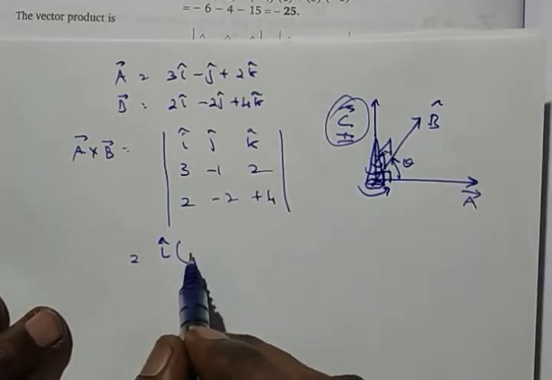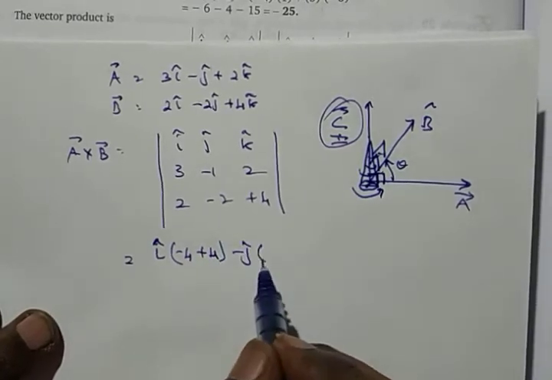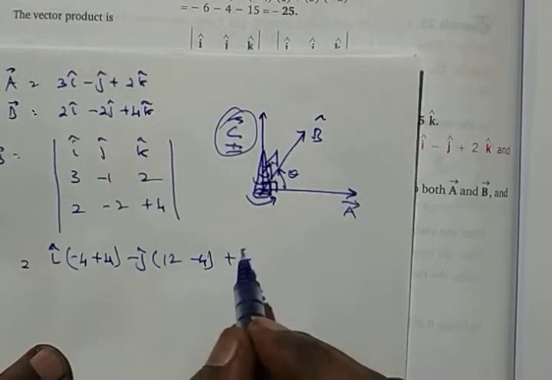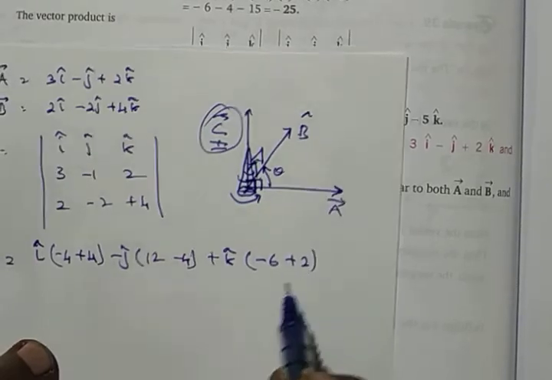i cap is equal to minus 4 plus 4, minus j cap is equal to 12 minus 4, plus k cap is equal to minus 6 plus 2.